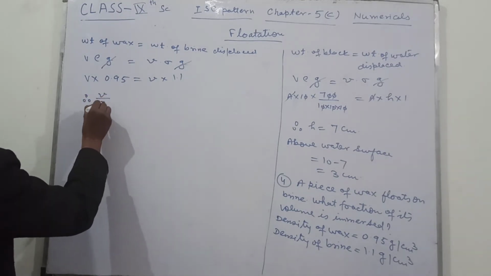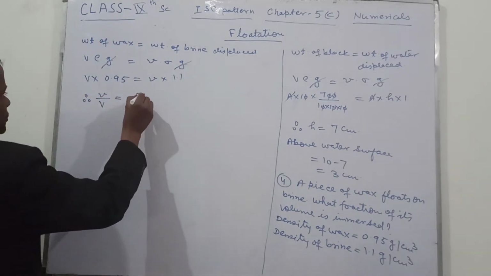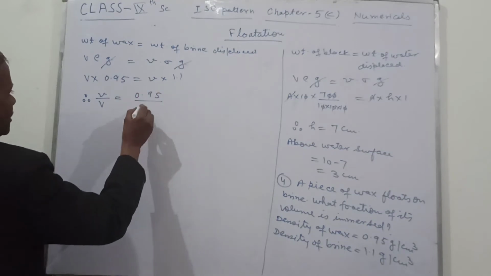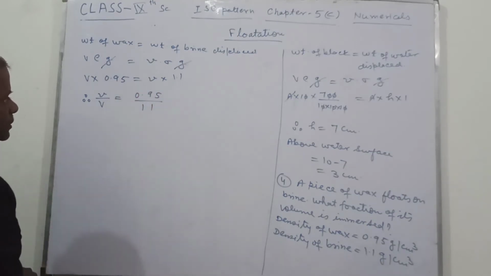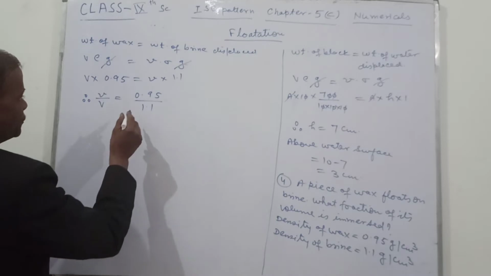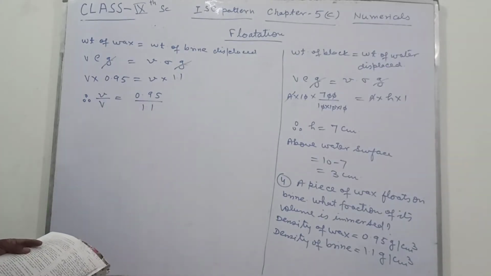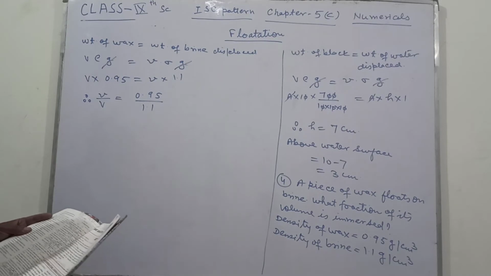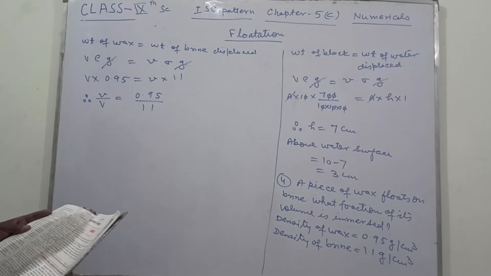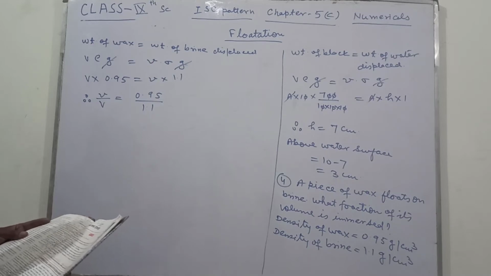Therefore V upon v is 0.95 upon 1.1. So just divide this one by 1.1.